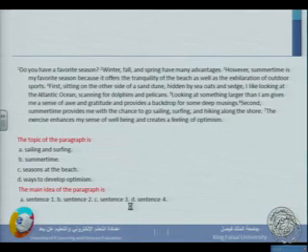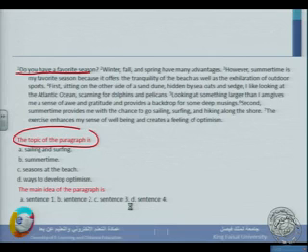For example, this is one example of how to skim for the topic and for the main idea. First of all, where can we find the topic of the paragraph? You just read the first sentence. Do you have a favorite season?